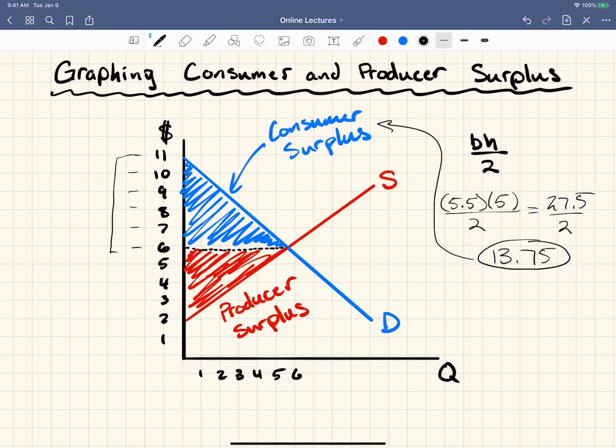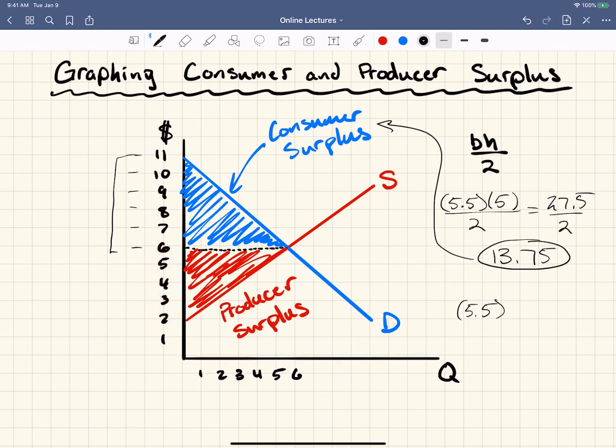Okay, we can do the same thing for the red triangle. We've already got the base, 5.5, because the base is the same distance here, right? Or here if you're looking at the bottom. And the height then is here to here. So 6 from 2 up to the 6. So that's 4. 1, 2, 3, 4 up.